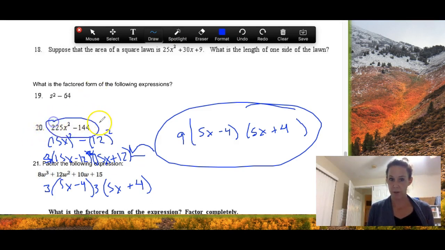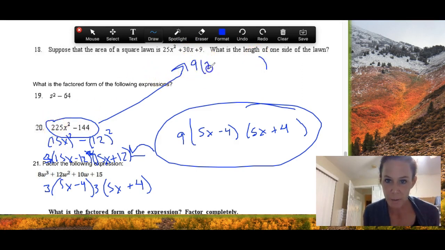So I'm going to start here. Let me show you another way to do it. Start here and go, all right, well 9 is divisible into both of those. Pull that out first before I start doing anything. Okay. 225, if I divide out 9, it leaves me with 25. 25 times 9 is 225. So 25x squared. And if I divide 9 out of 144, I get 16. So this is going to be 25x squared minus 16.